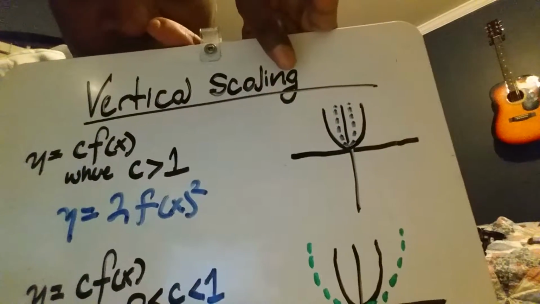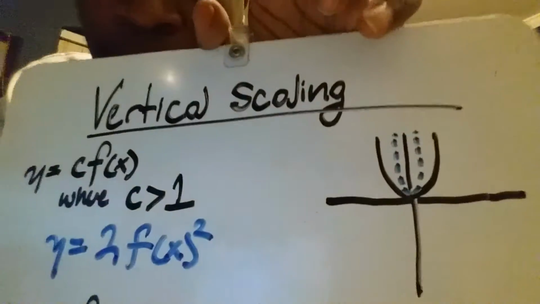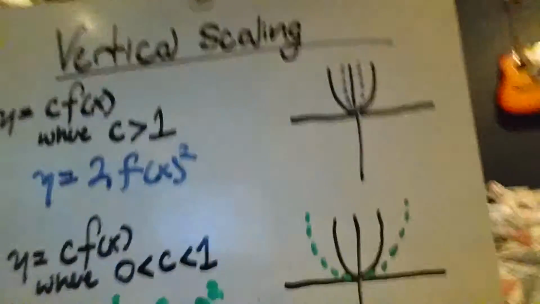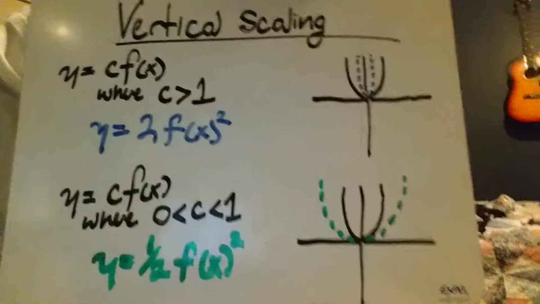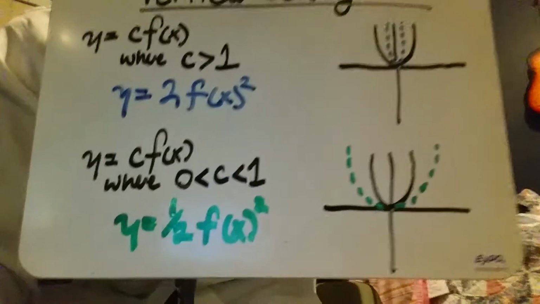So let's say you would actually grab it from the top, and you would actually grab it from the bottom of the graph along the y-axis, and you would actually just stretch it out, and you make it thinner.